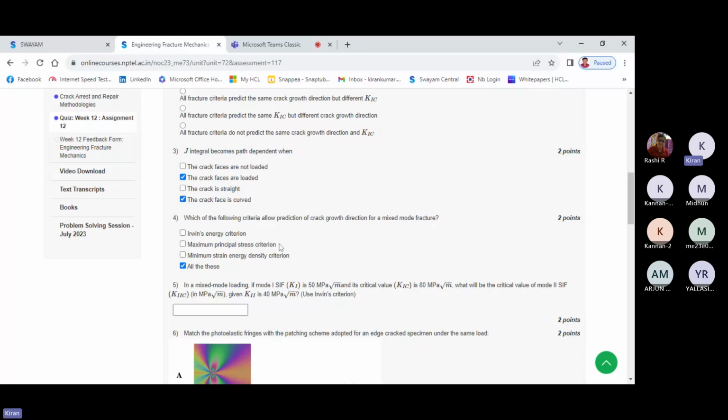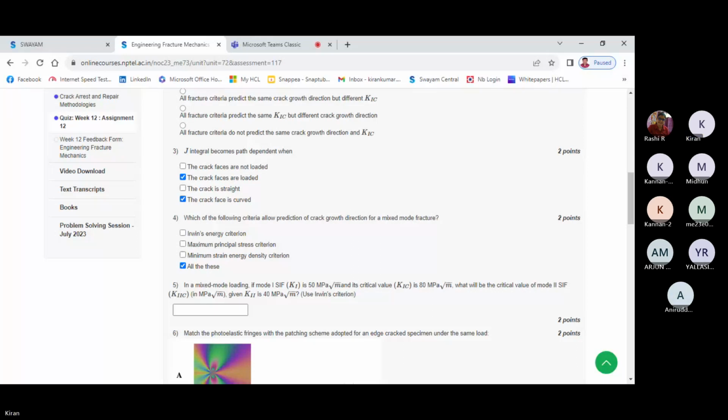Next one: which of the following criteria allow prediction of crack growth direction for mixed mode fracture? I chose all. Irwin's energy criteria is there, and you can see maximum principal stress criteria is also there, and minimum strain energy density criteria is also there.